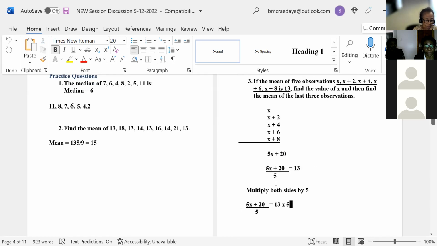Let me just put parentheses here. And we're going to put a 5 in front of it. I'll put an asterisk here because I don't want to get the x's mixed up. So now 5 over 5 just gives you 1, right? So you'll have left 5x plus 20. And Maureen, what's 5 times 13?